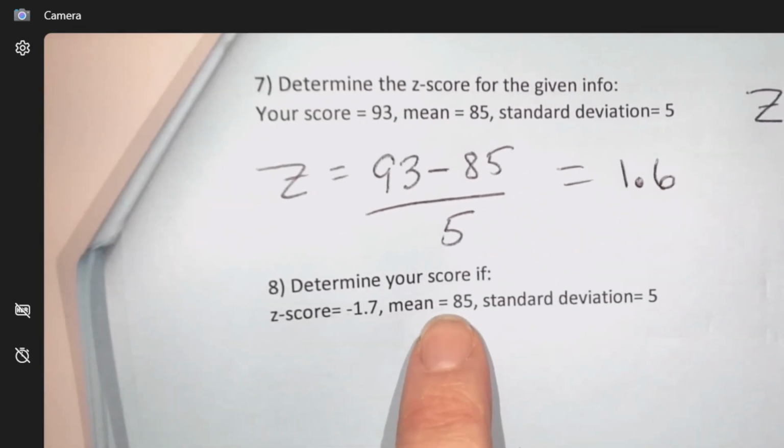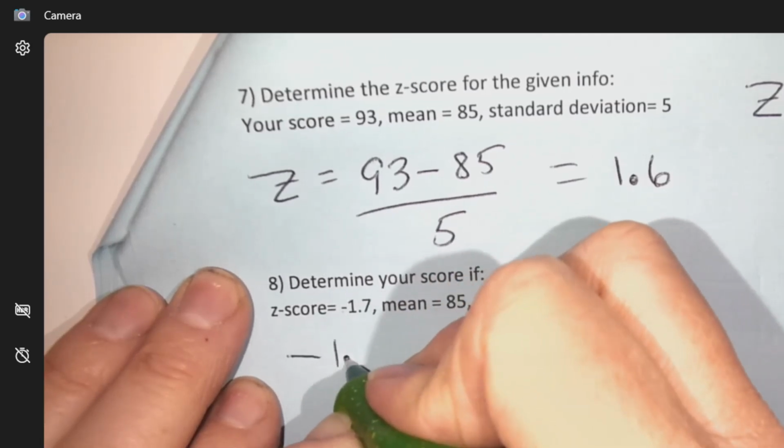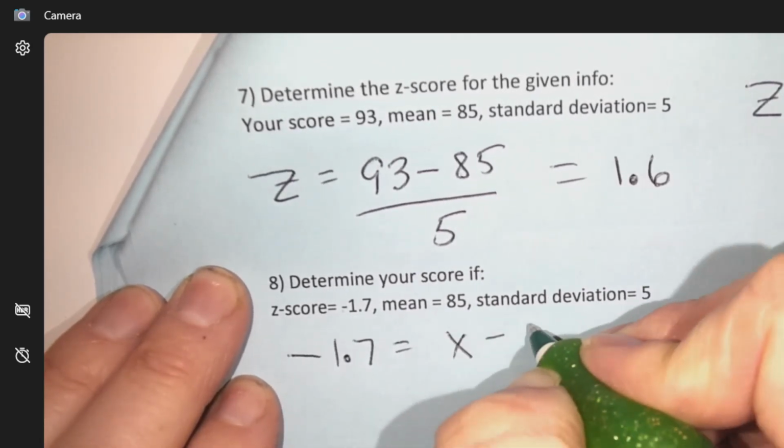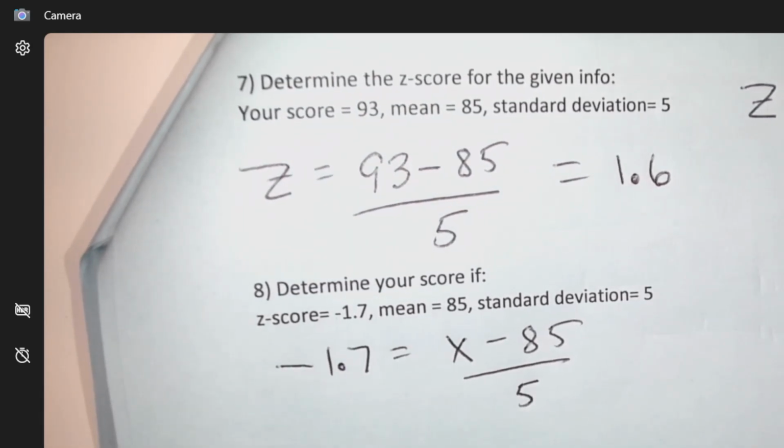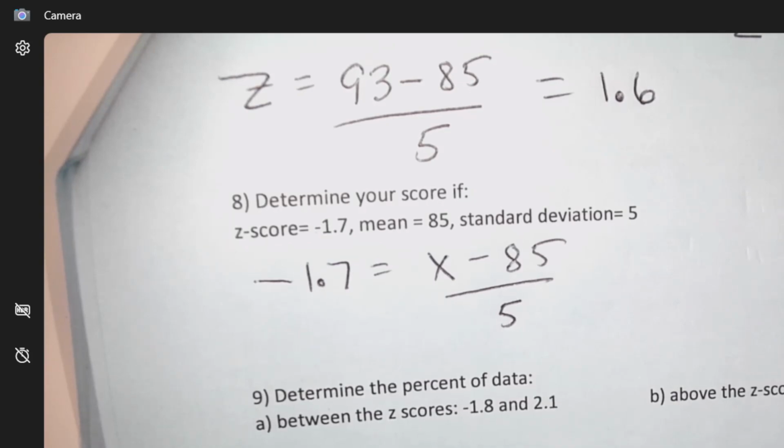What is your score if the Z score is this? I'm below 85 because I'm negative. Okay, it's a little bit of algebra, so what kinds of things would you do to get the X?